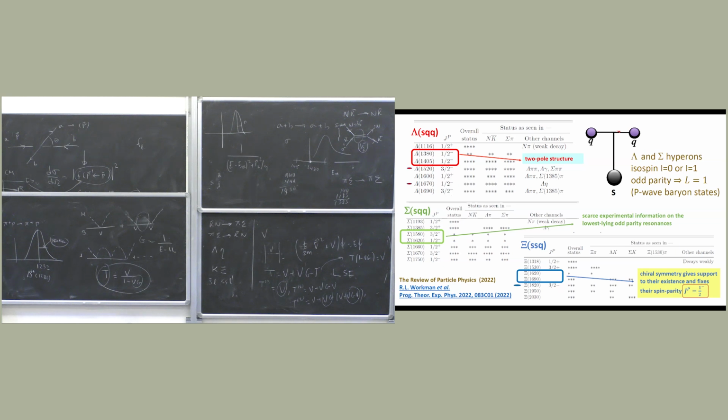So the first message, and I have to stop, is that you need to do a non-perturbative resummation to find poles.